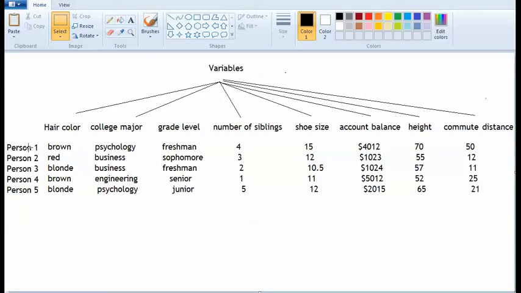Every person in the world only has one birthday per year. That means that no matter how many people I asked that question to, every person would tell me one. That means that number of birthdays per year actually isn't a variable.